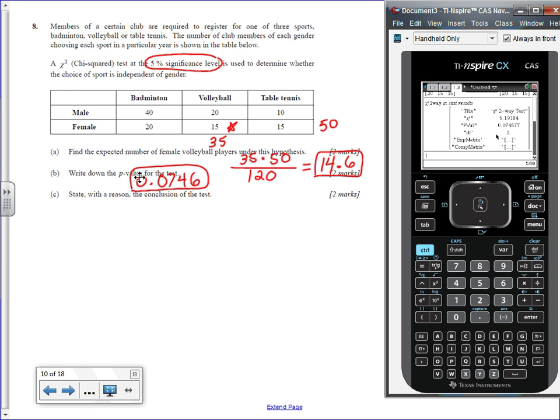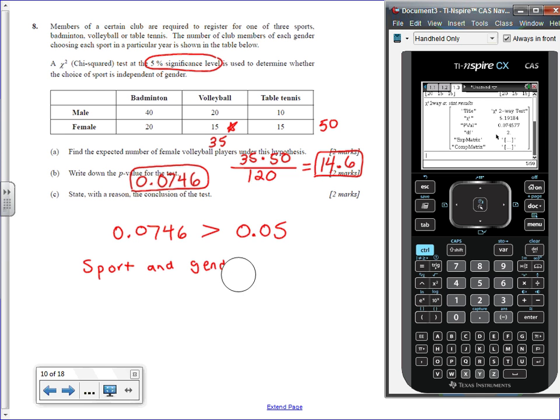When we write the comparison, we have 0.0746. This is a value that is greater than 5%, because 5% is written as 0.05. And when your p-value is greater than your significance level, that means there isn't a relationship between these two variables. There's not dependence. So because these two things are independent, we're going to say sport, gender.